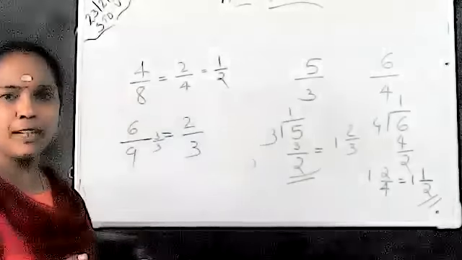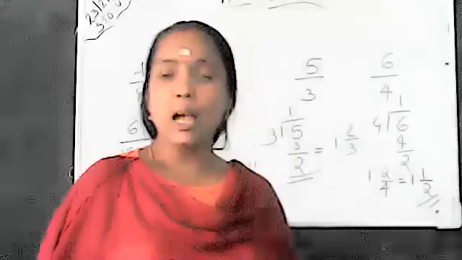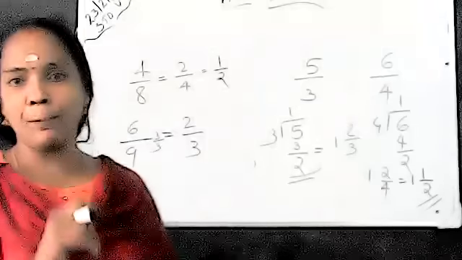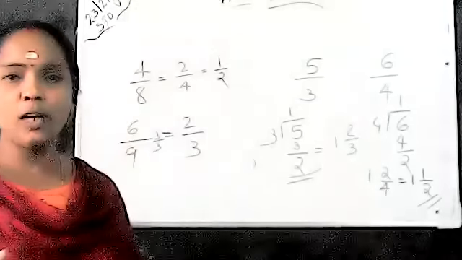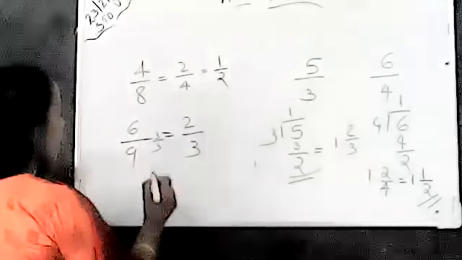What do you mean by equivalent fraction? An equivalent fraction is obtained by multiplying the numerator and denominator of a fraction by the same number. For example, one fraction is given, 2 by 3.